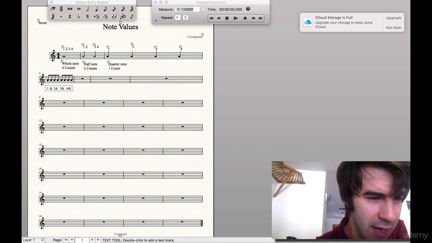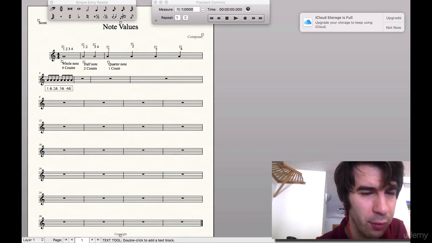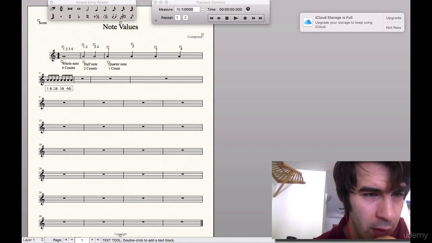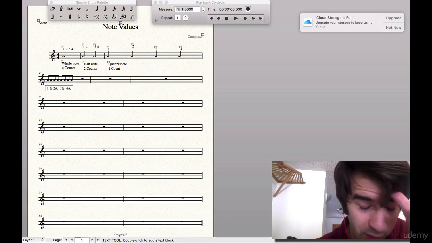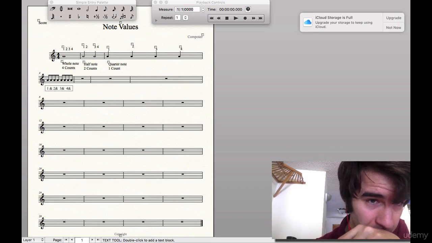So you would count each of those 1 and 2 and 3 and 4 and. So that is the breakdown of the simple note values.